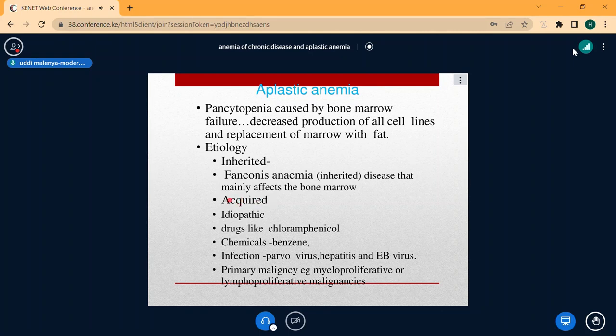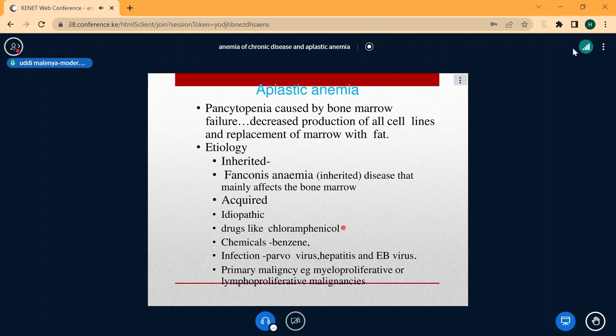It can be acquired through chemicals, or idiopathic, where you may not be able to know the cause. Drugs like chloramphenicol, which also causes gray baby syndrome, are harmful to the bone marrow.